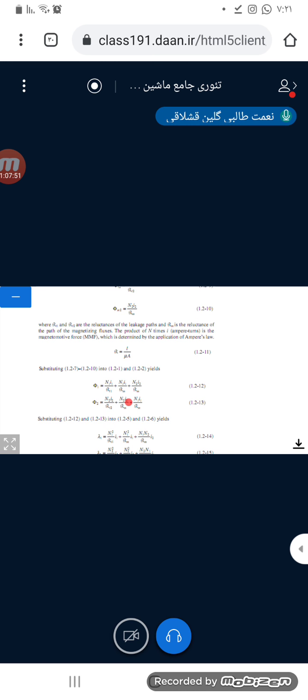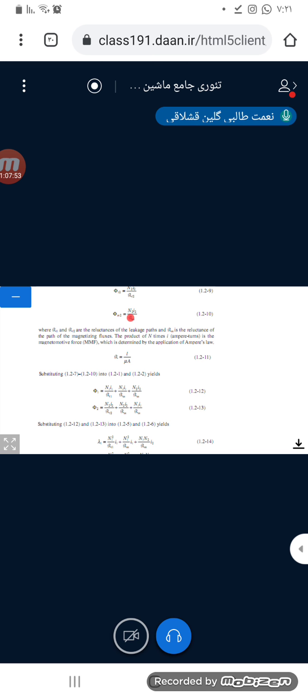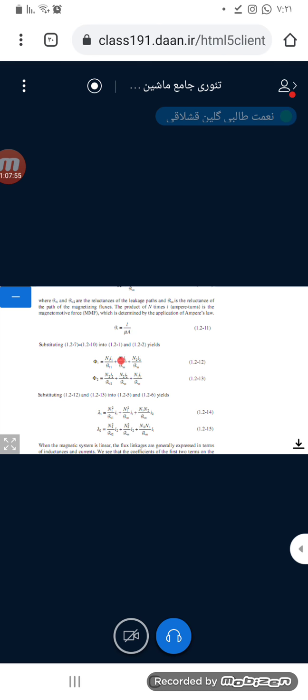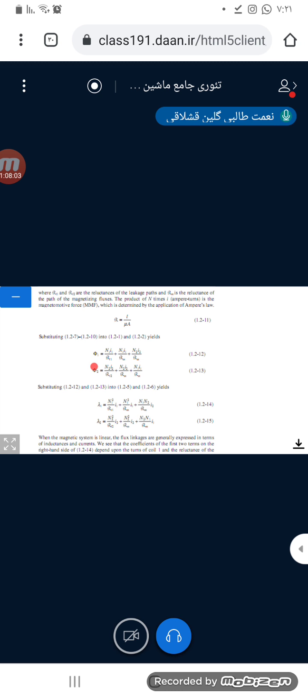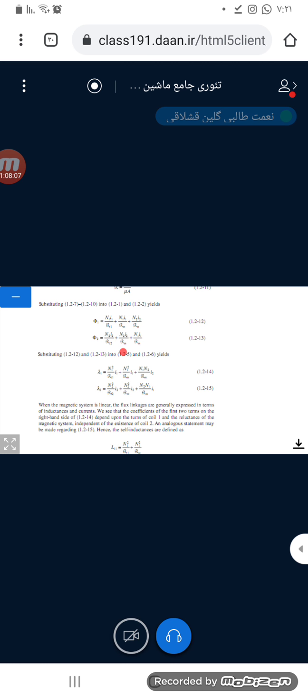And also for V2 we can write this equation by putting these values in the previous equation for fluxes of circuit number 1 and circuit number 2.